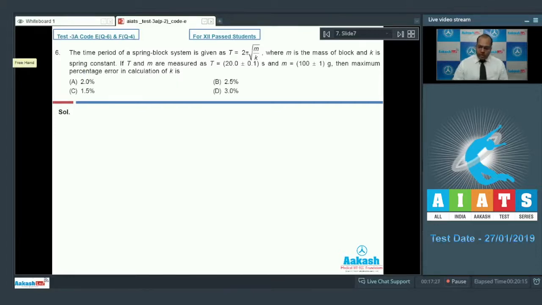From the formula of the time period, we know that k is proportional to m by T squared. So if I find delta k by k into 100, that is equal to delta m by m into 100 plus 2 times delta T by T into 100.